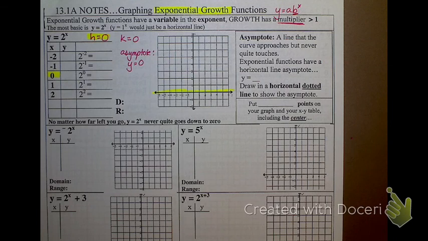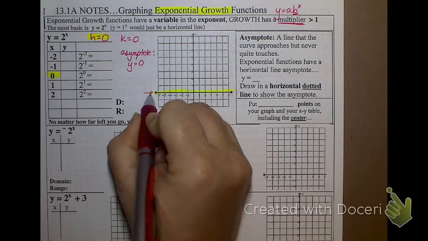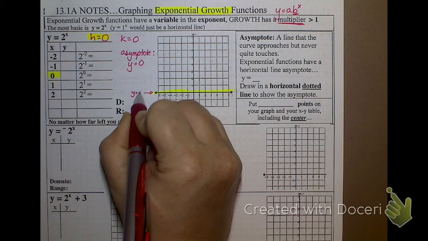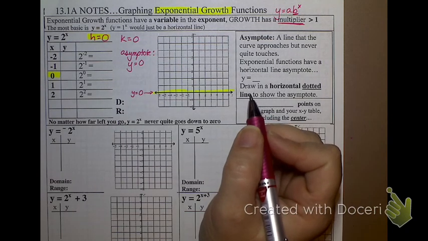So it cannot be graphed the same as your actual graph. So that's the wall that we can't cross. That is the line y equals 0. I do want to see you labeling that line on your assignments and on your test.